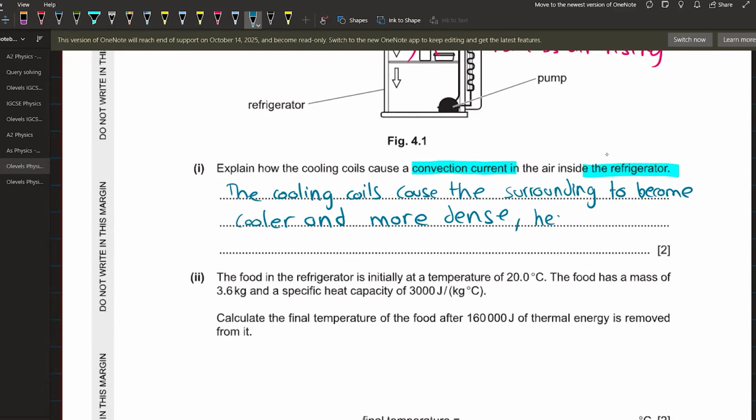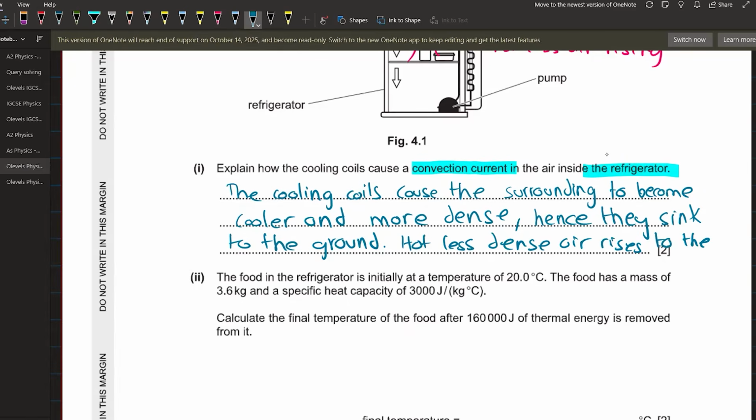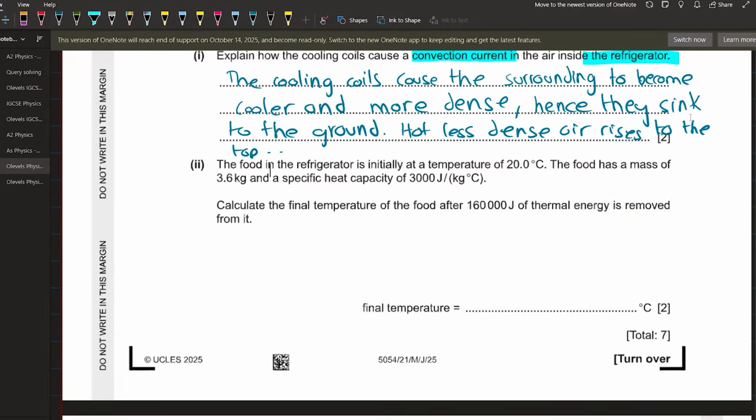Hence, they sink to the ground. Hot, less dense air rises to the top, developing convection currents. You can further write it.